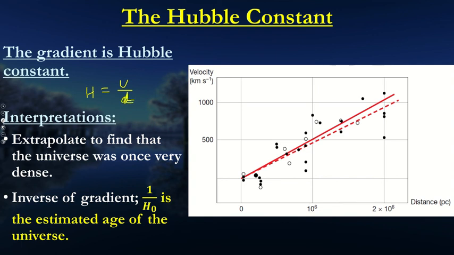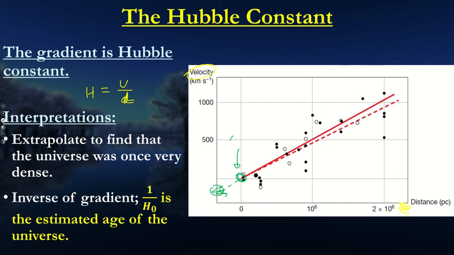Now, how do we actually predict? Well, we can see that the further away the galaxy is, the greater the distance out here, the greater the velocity. So let's imagine the universe was moving at a very slow rate at some point in time. Let's bring it all back. If we extrapolate back down, we get to a point where the space covered by the universe is very small.